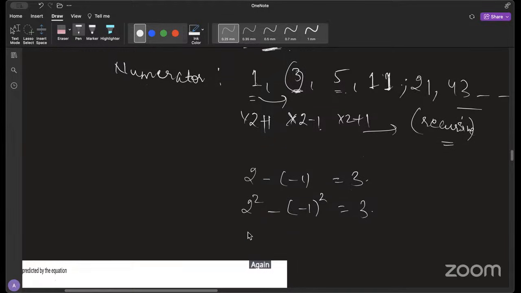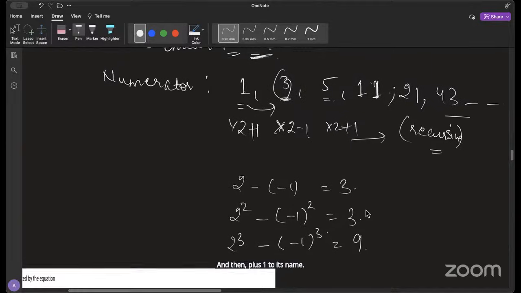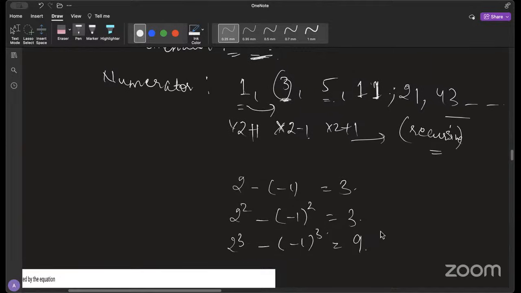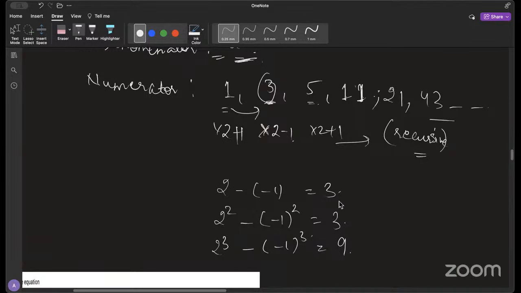Again, if you have 2 cube minus of minus 1 cube, you'll have 8 plus 1, so it's 9. And then you'll divide this thing by 3.